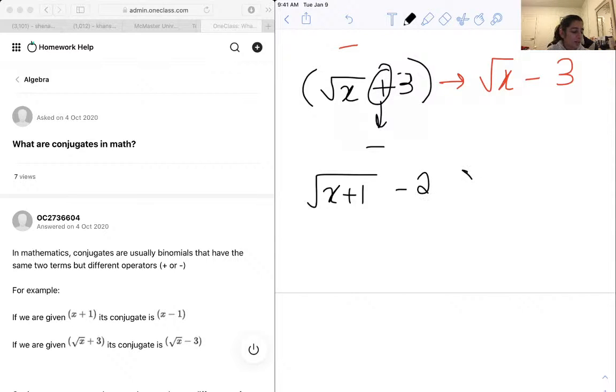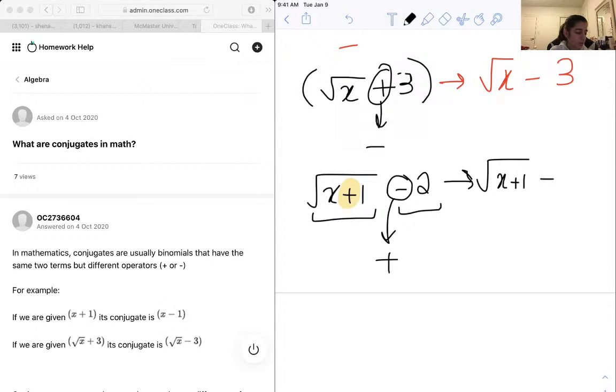For this conjugate, a lot of people might confuse this and turn that into negative. That is one of the biggest problems because you have to look at between the two terms. This is your first term, this is your second term, and the operator between that gets shifted. So this is just going to be square root of x plus 1 plus 2. That's its conjugate.